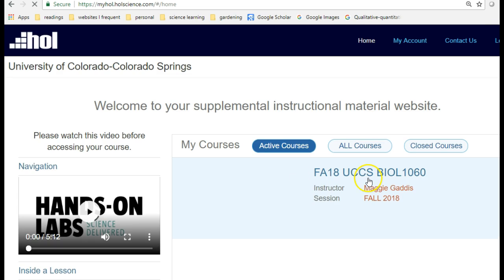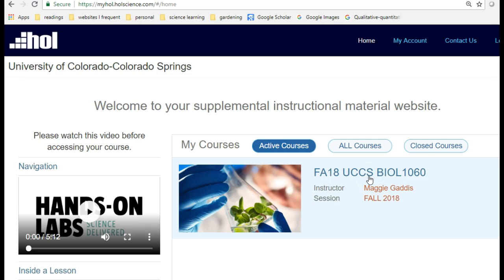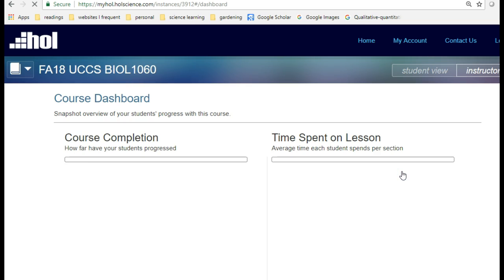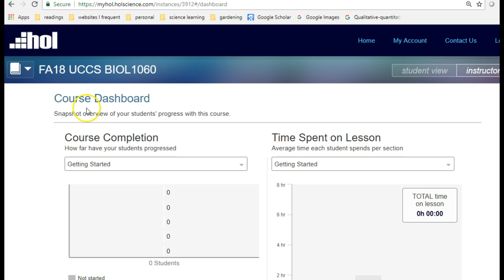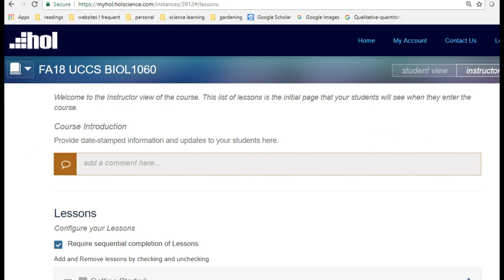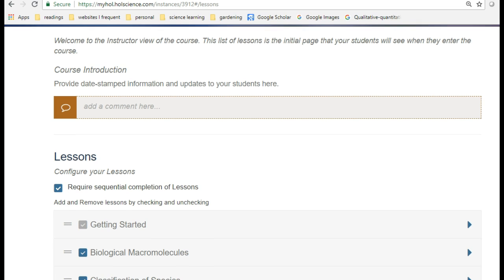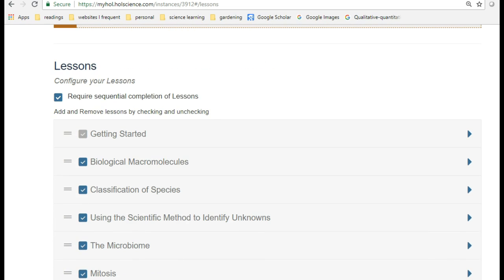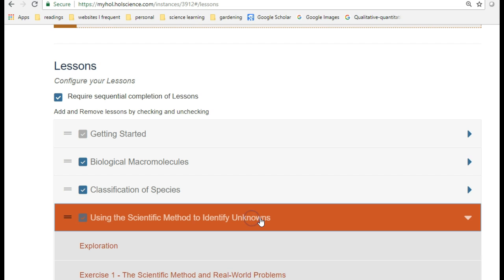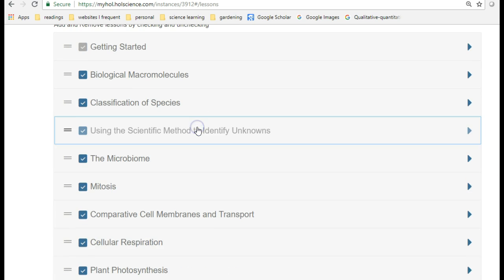So once you're in there, you're going to see here, Fall 1060, and there are a series of lessons, okay? And when you go into the first lesson here, I need to reorganize these, sorry for that.